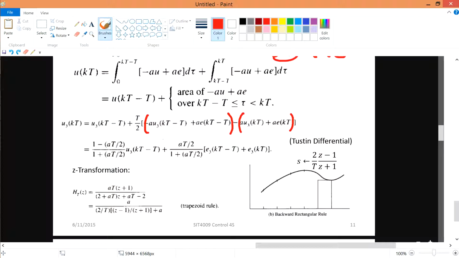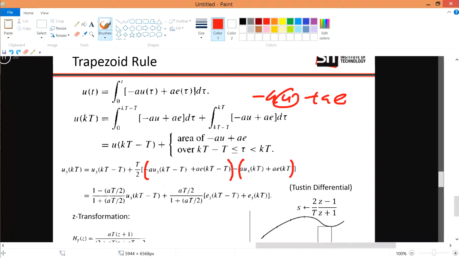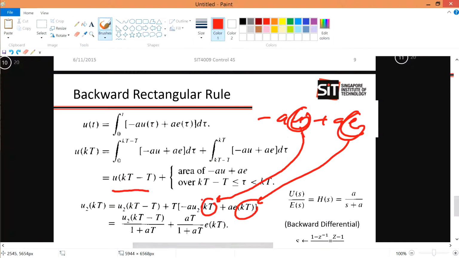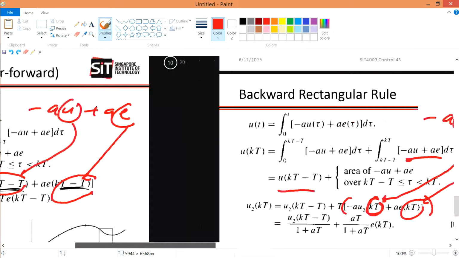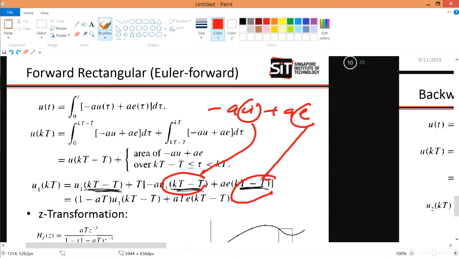So let's come back to the trapezoidal integration part, where this part is KT minus T, while the next one, over here, as you can see, for the backward is just one term. Inside the term, your U is KT and your E is KT, in minus AU plus AE. For the forward, the U is KT minus T and the E, the input, is also KT minus T. The U is the output, the E is the input anyway.